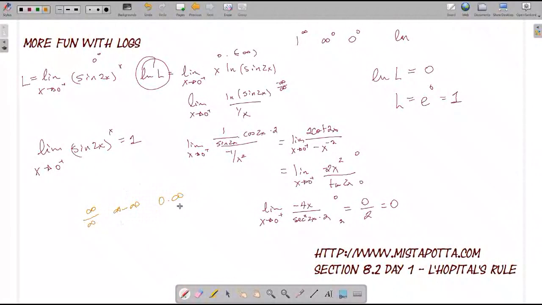And all of these we either try and rewrite into the 0 over 0 or infinite over infinite. And the other indeterminate forms we talked about, the ones involving exponents. And whenever I see these exponents, I need to use natural log to try and simplify it. So it's the product of two functions rather than a function being raised to a function.